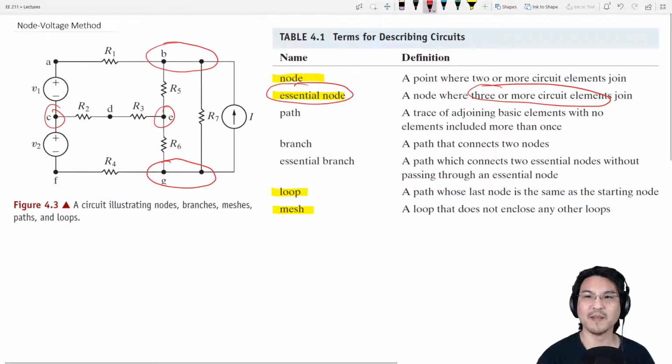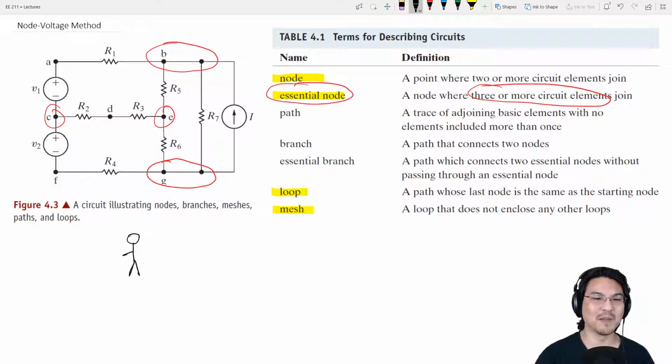And then for voltage, it depends on what your reference is. Let's go to a physical example. If I ask you, what's the height of the ball? Like this. Or is it? Because what if the person is standing on a chair? Then is the height of the ball here?